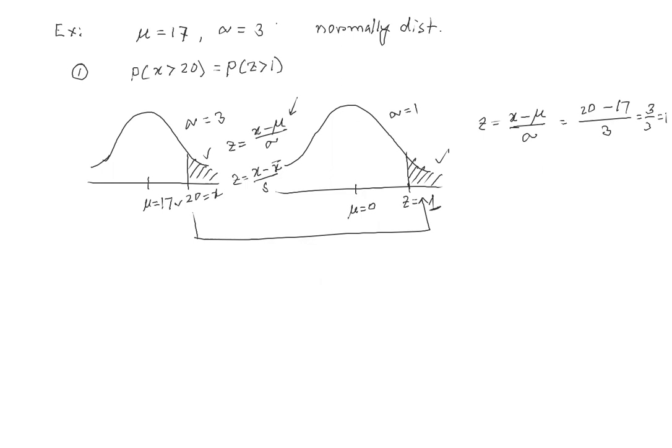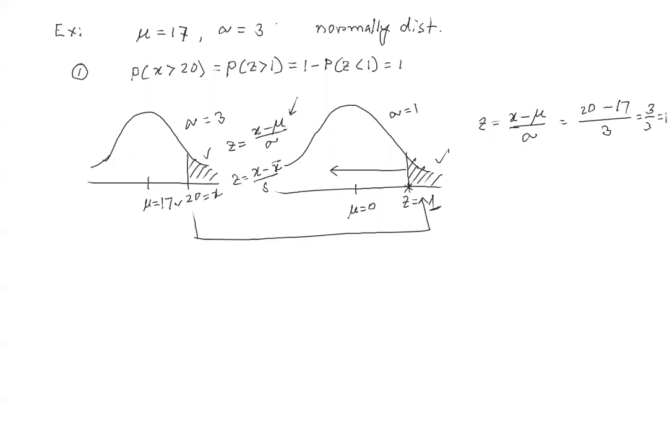Now, of course, the probability z greater than 1, you can find from the table, because the standard normal distribution table gives you the area to the left from the point of interest, which is z equal to 1. So that is 1 minus the probability of z less than 1.